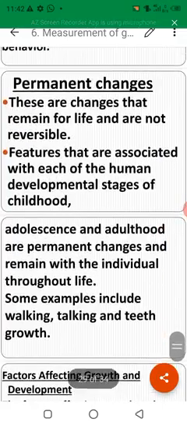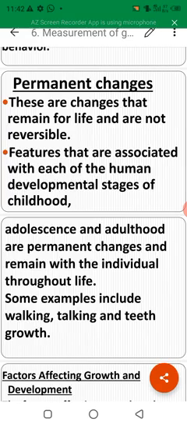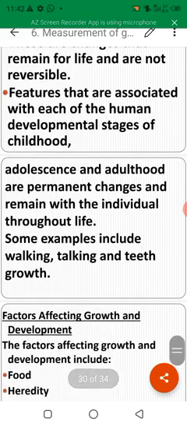Now we move to what? Permanent changes. These are changes that remain for life and are not reversible. Features that are associated with each of the human developmental stages of childhood, adolescence, and adulthood are permanent changes and remain with the individual throughout life.